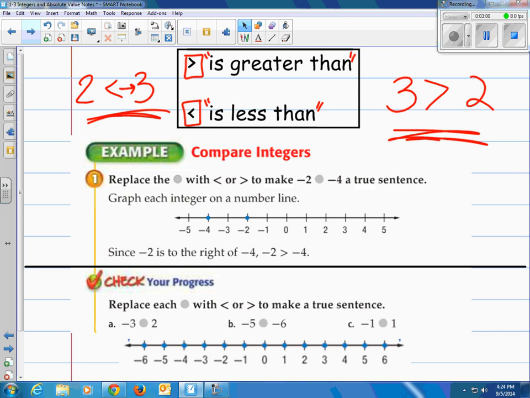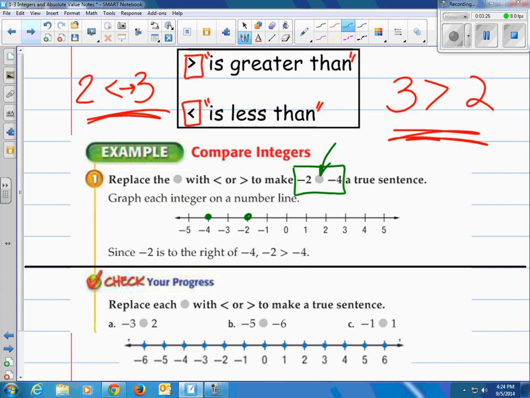Let's look at example 1. It says replace the circle with is less than or is greater than to make this particular statement right here a true sentence. So what would we put right here? Well, is -2 greater than -4, or is -2 less than -4? Let's take a look. Again, here are the two locations.